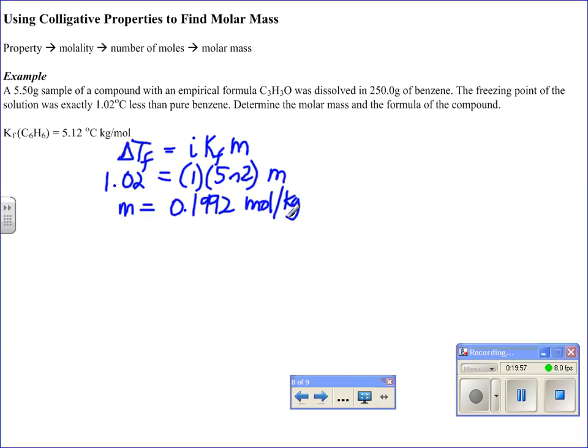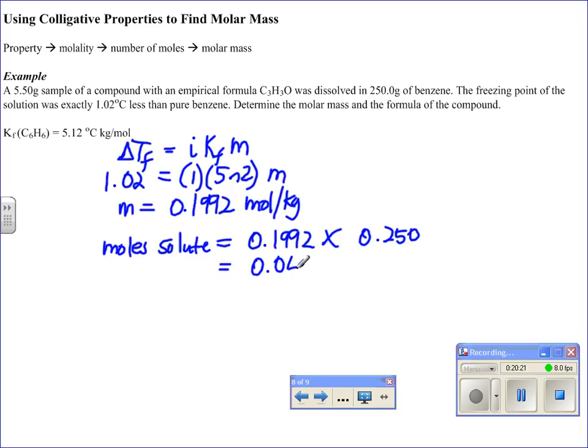We know that the mass of the solvent used to prepare this solution was 250 grams, so we can determine the moles of the solute simply by taking the molality and multiplying by the mass of the solvent, which is 0.25 kilograms. So we know that we've got 0.0498 moles of solute in this solution.